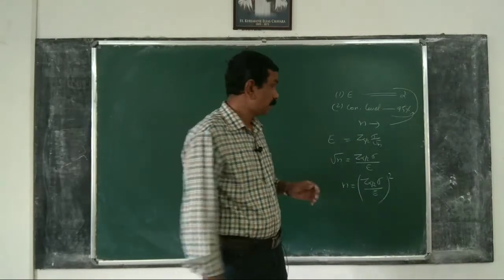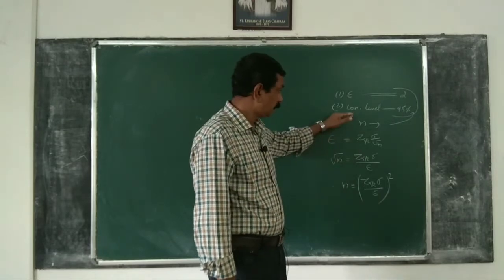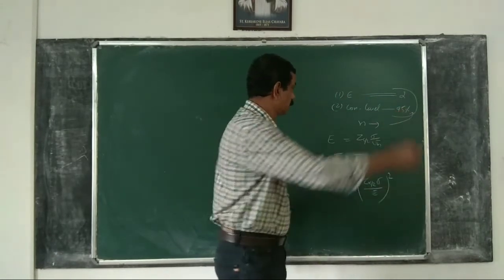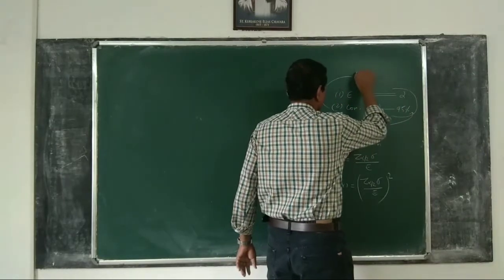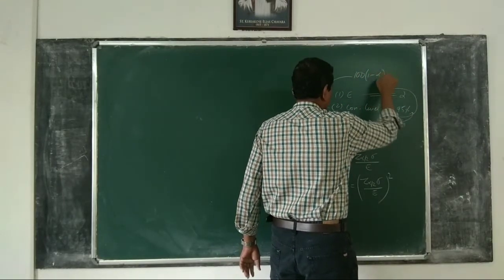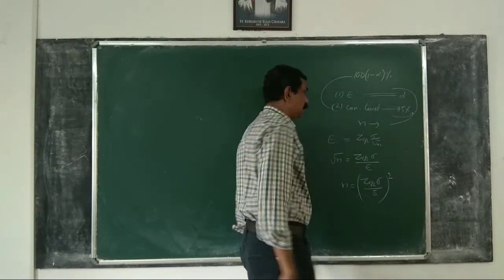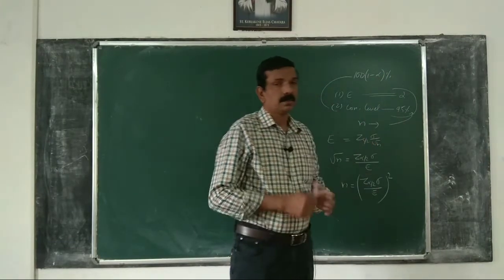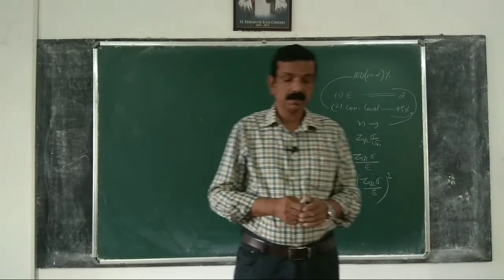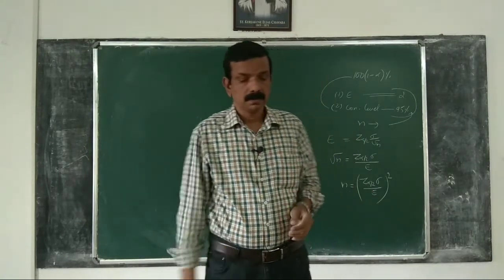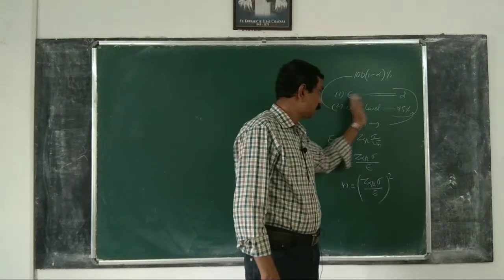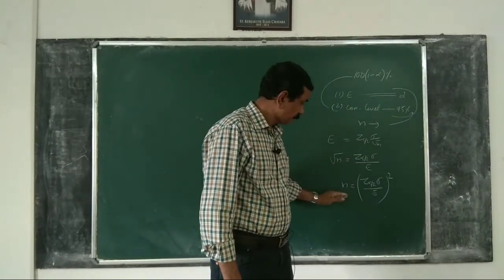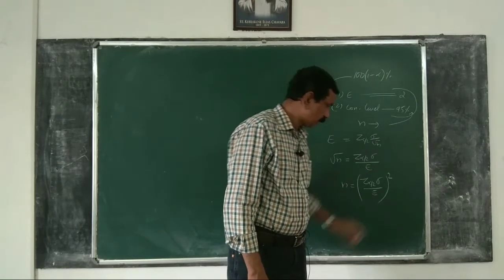So the sample size required for a confidence level equal to 100 into 1 minus alpha percent, and also a given margin of error, is obtained by solving this equation.